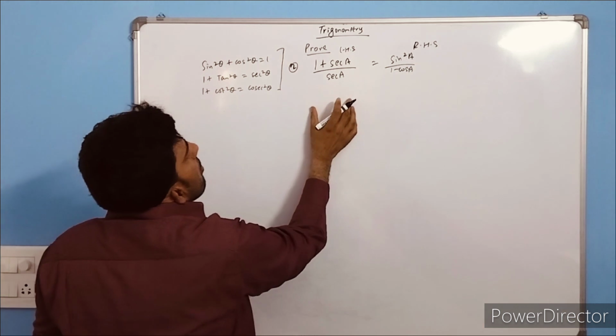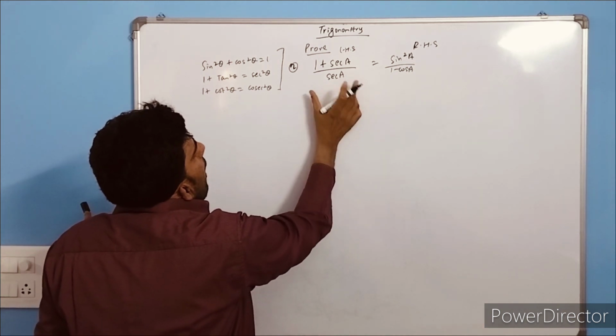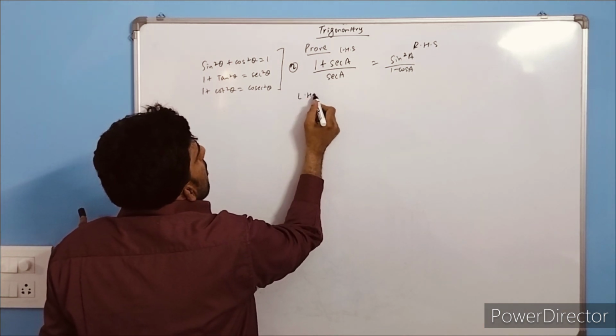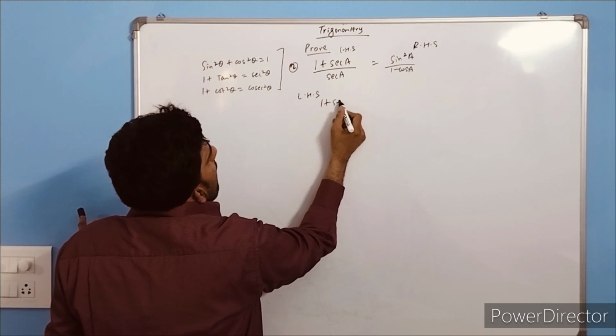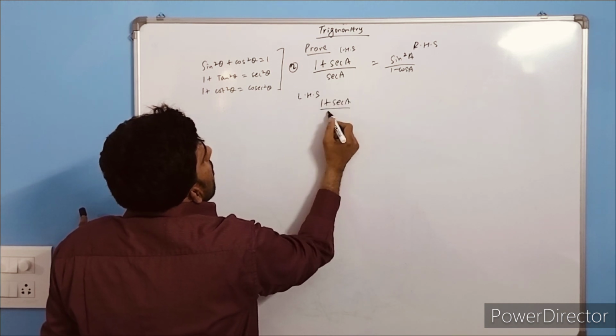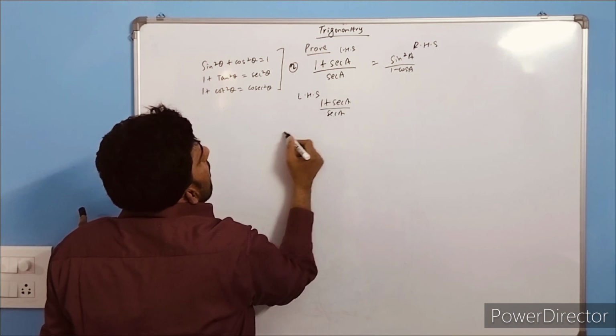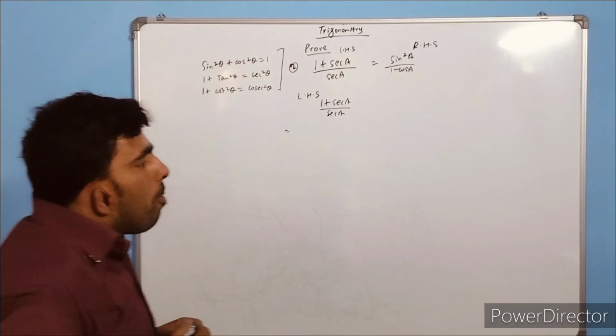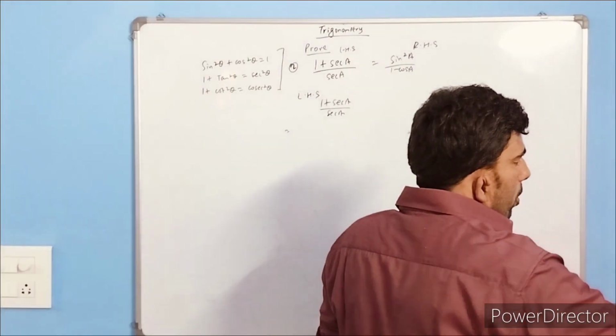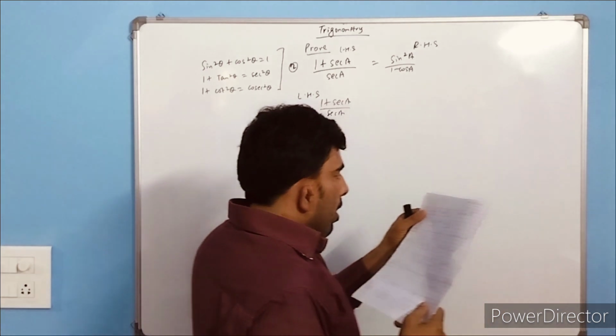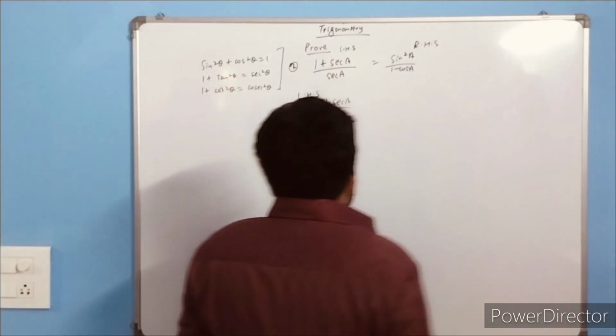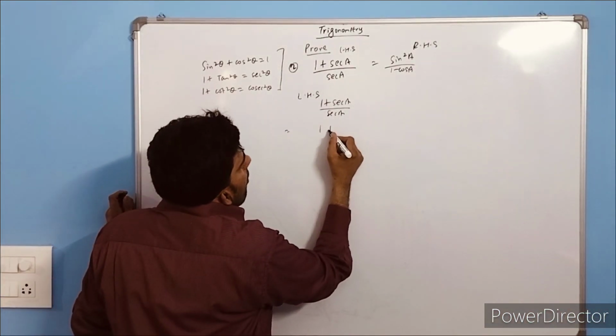Okay, so this is LHS and that is RHS. Now let us solve first the LHS. That is (1 plus sec A) upon sec A. Okay, what can we do?